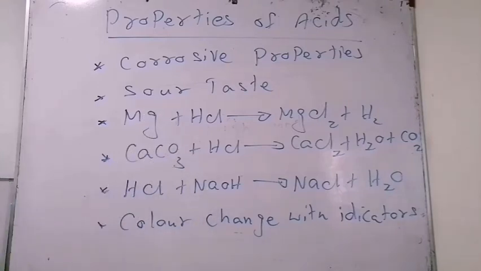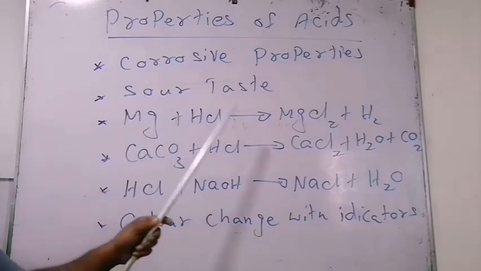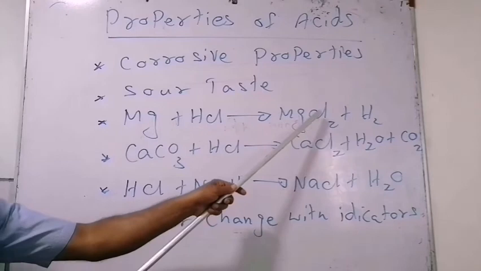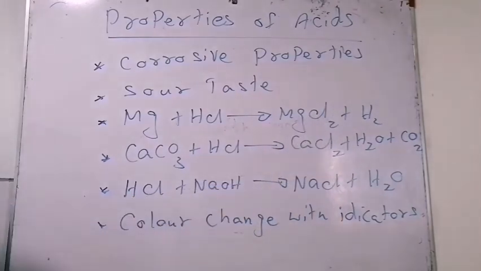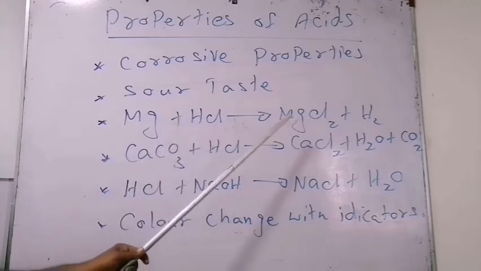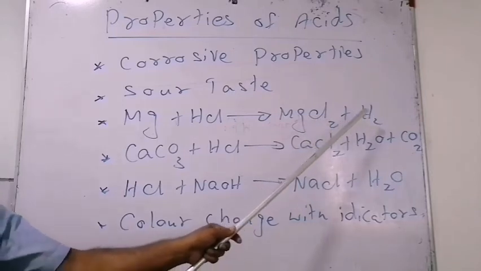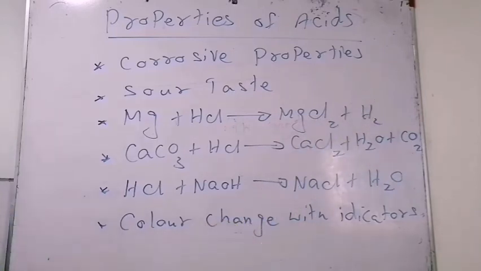And also another property, all acids react with metals such as sodium, magnesium, calcium, and produce their salt and hydrogen gas. Here, if magnesium reacts with hydrochloric acid, it produces magnesium chloride salt as well as hydrogen gas.